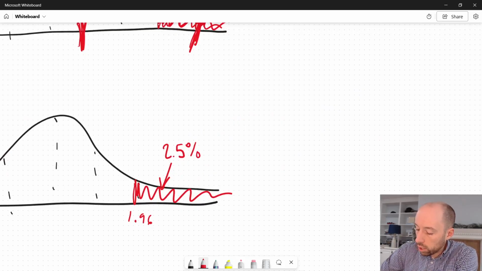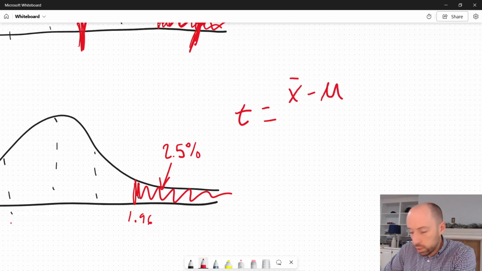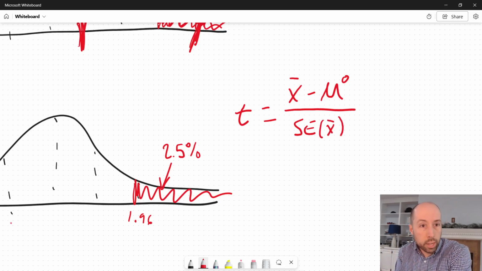The t-statistic, you will recall, is x bar minus whatever value you hypothesized, which we'll call mu naught, divided by the standard error of x bar. Standard error comes from the standard deviation. Well, standard deviation, you'll remember there's this n minus 1 in the formula for the variance, and it's always positive.